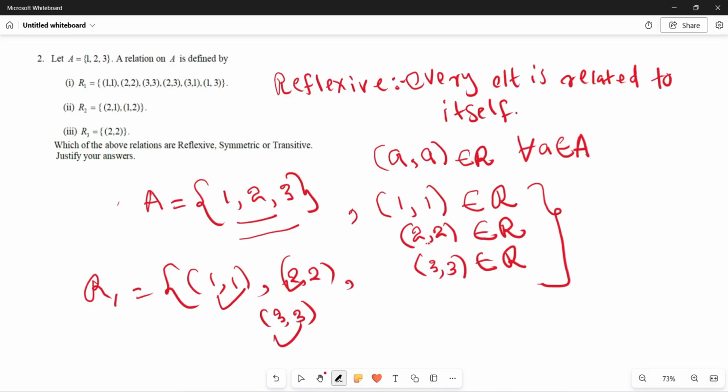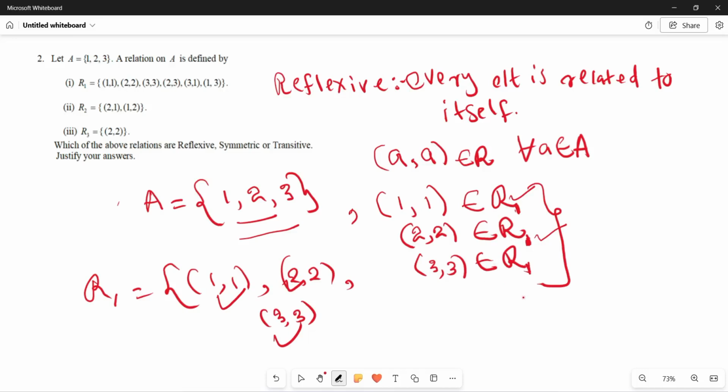So how do we write that? (1, 1) belongs to R, (2, 2) belongs to R. That is also there, because R means R1, the first relation. (1, 1) belongs to R1, that is satisfied. (2, 2) belongs to R1, that is satisfied. (3, 3) belongs to R1, that is satisfied.